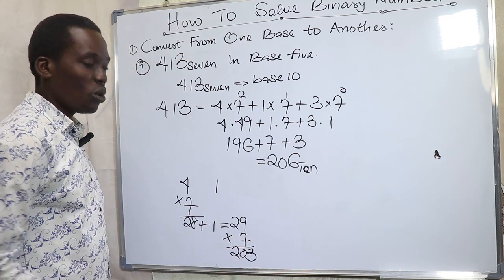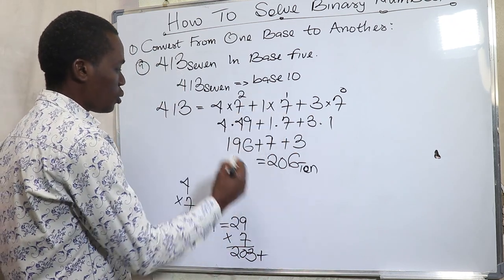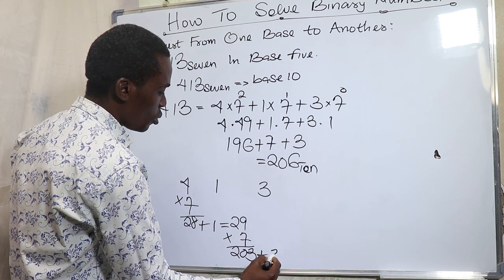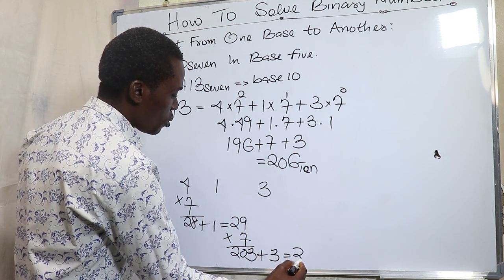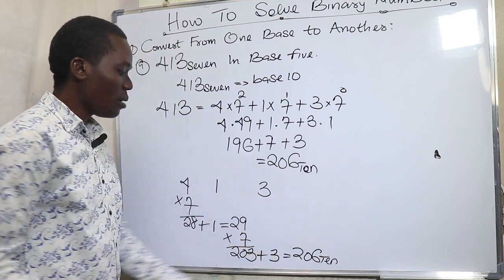If that gives me 203, I'm going to add it to what? To the next number, which is 3, and that will give me 206. So you see, it gives me the same thing as the first method.